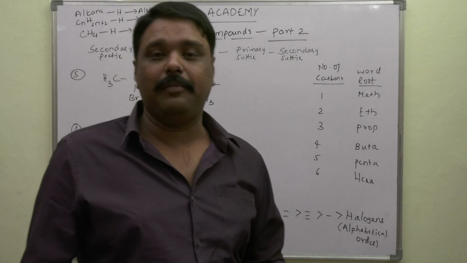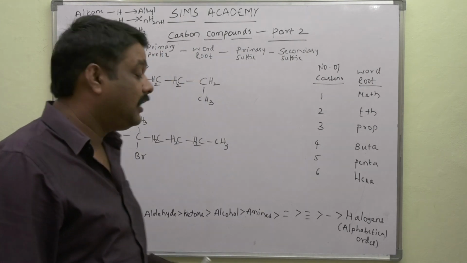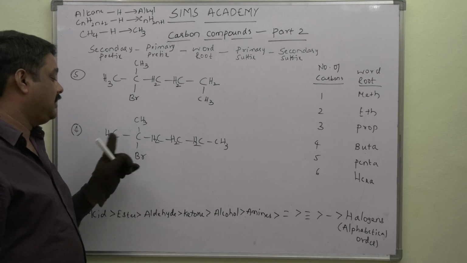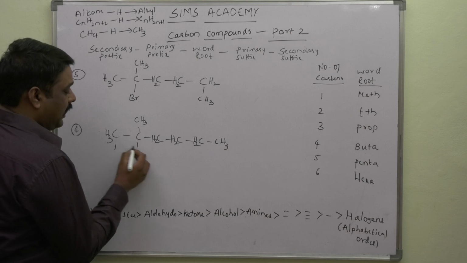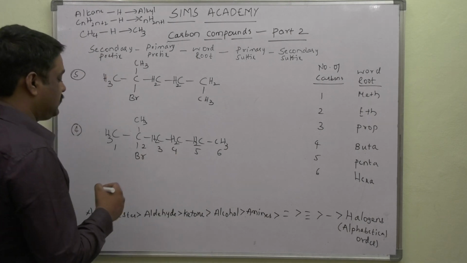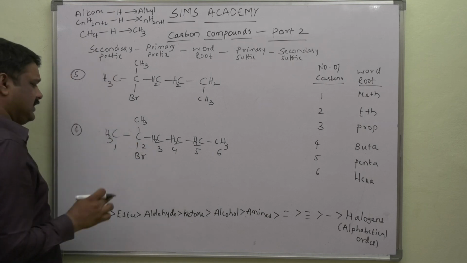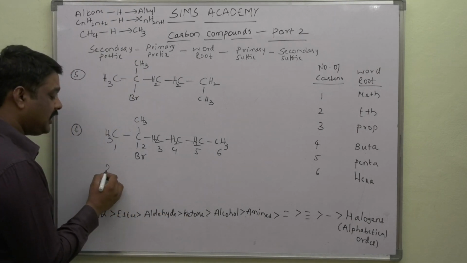Numbering should be given from left side or the right side. You see here, because we have substituents on the left side, we should give numbering from the left side. 1, 2, 3, 4, 5, 6. That means secondary prefix. Yeah, we do have the substituents. What are the substituents?